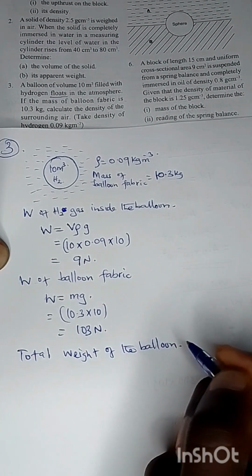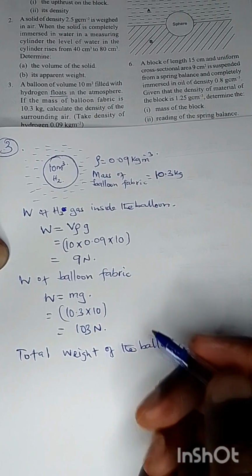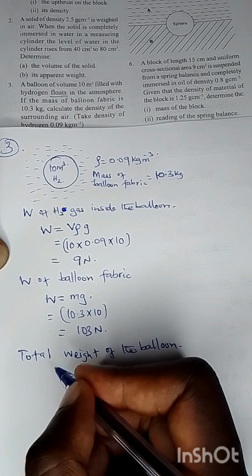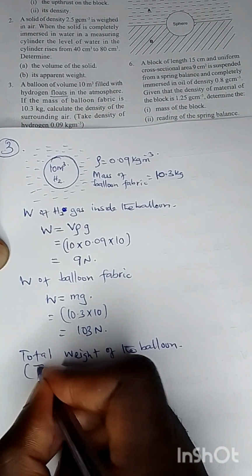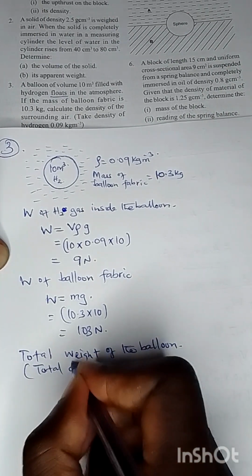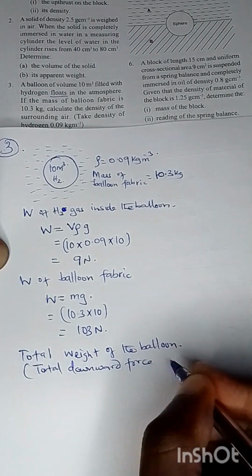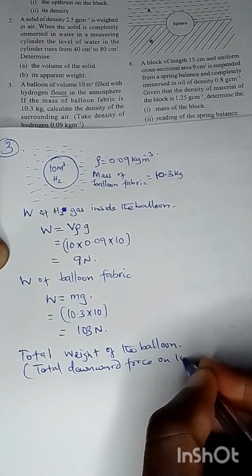So when I say total weight of the balloon, I mean the total downward force acting on this balloon. That is total downward force on the balloon.